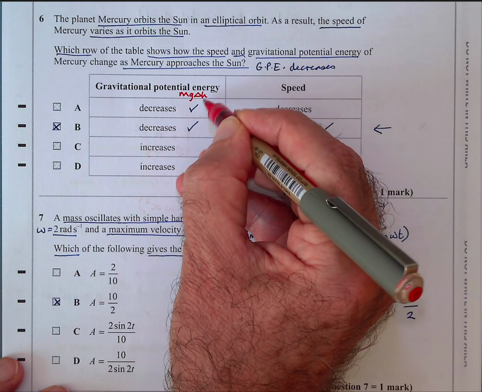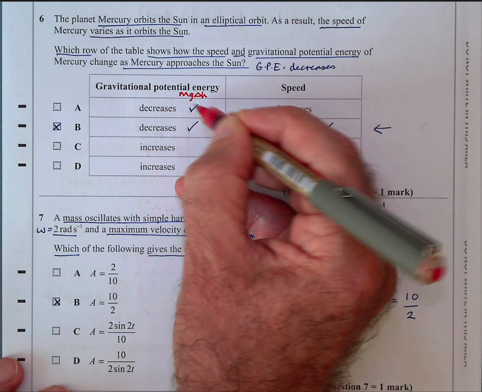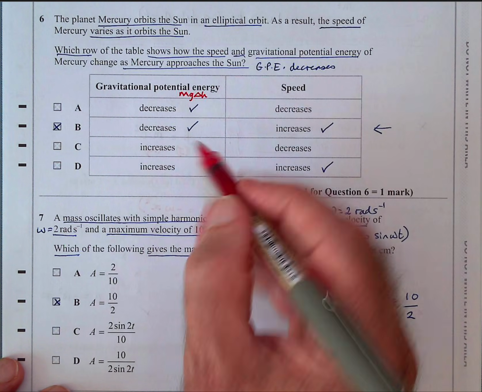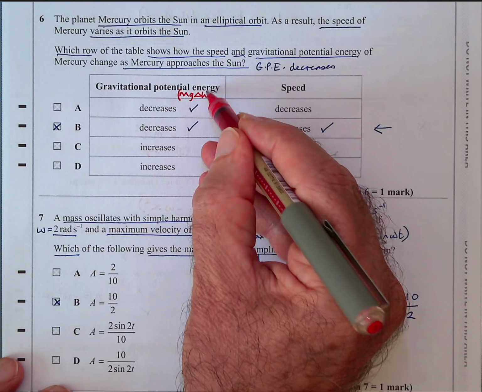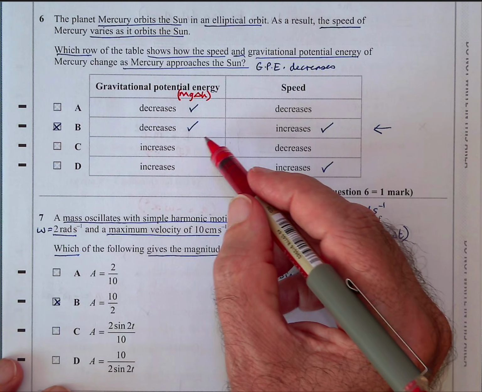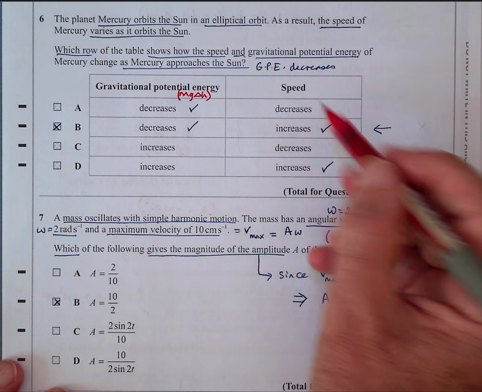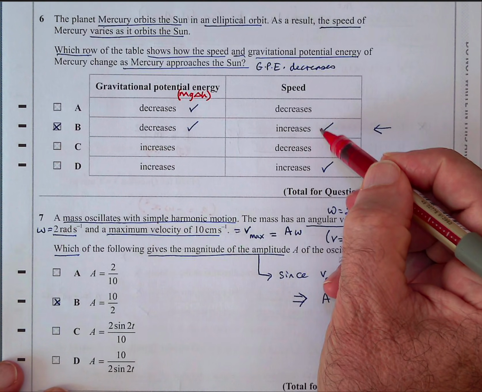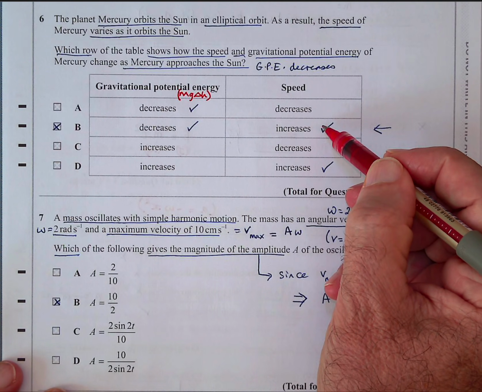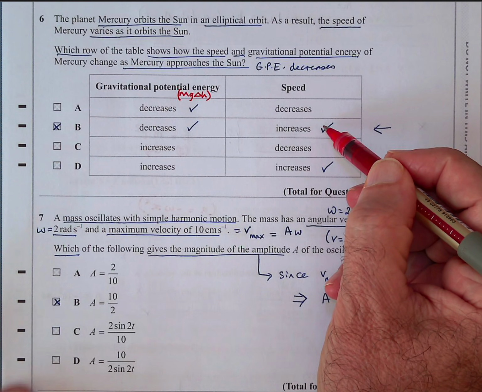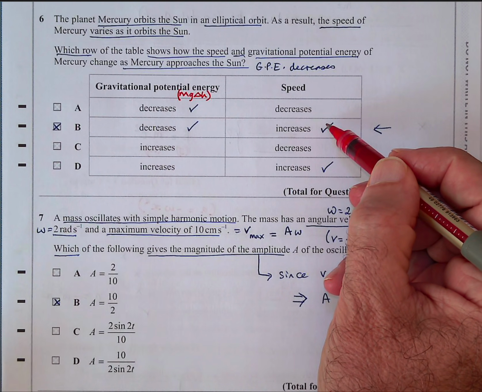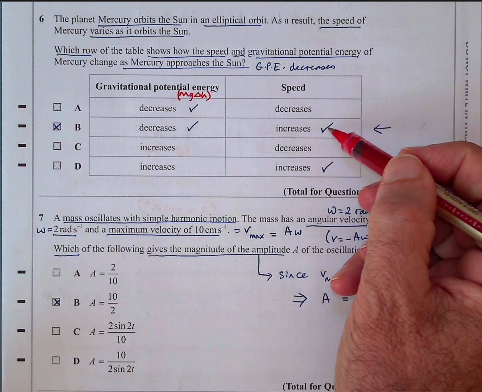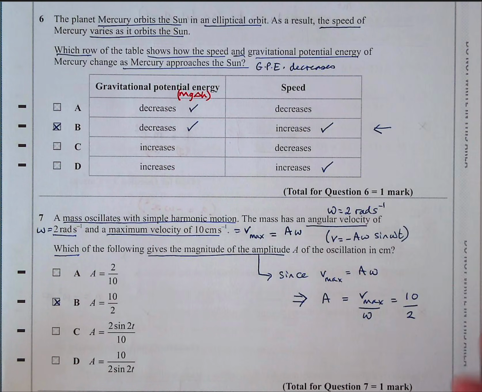The distance is decreasing, so it will decrease. Okay, gravitational potential energy. So if you simply wanted to use that method, you could. So you know it's going to be decreased as a concept, and the speed will increase as it gets closer. So we've got an increase in speed because as it gets closer, the gravity is stronger, and therefore it will speed up. Okay, the potential energy decreases, but the speed increases. So the answer is B.